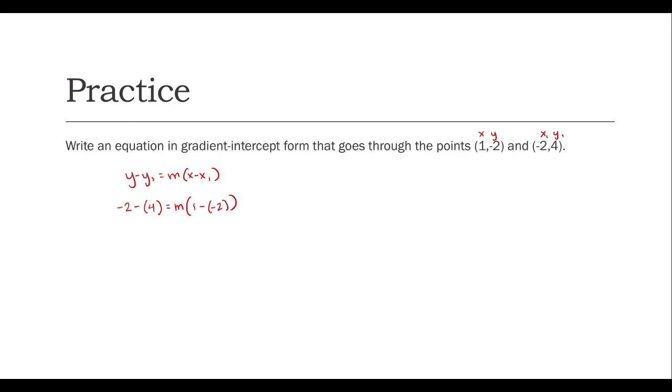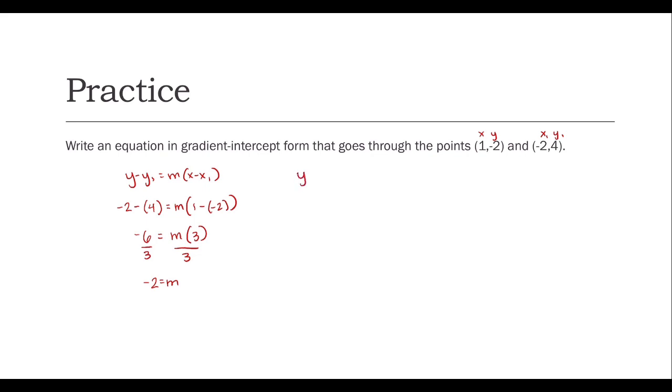So we have negative 2 minus 4, which is negative 6, equals m times 1 minus a negative 2, so 1 plus 2, which is 3. We'll divide both sides by 3, and we get that negative 2 equals m. So now we can go back and just plug in 1 point and leave our x and y, and plug in our m.